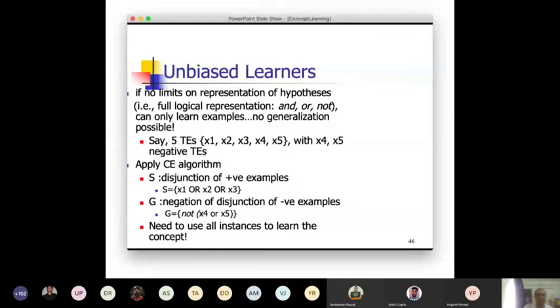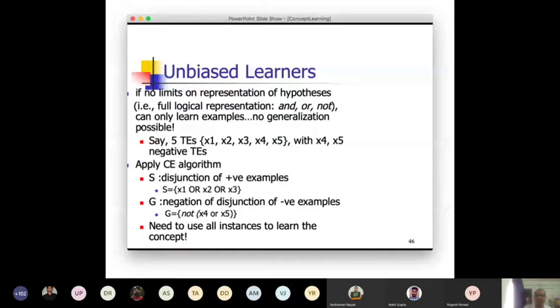Now, there would be a number of hypotheses in between S and G in that Gaussian space, which are more general to S and less general to G, but which satisfy all these training examples, which are consistent. But actually, we'll find they are not really giving any information, because if you take any unseen instance, you will find 50% of them are satisfied by that set of hypotheses and 50% are not.